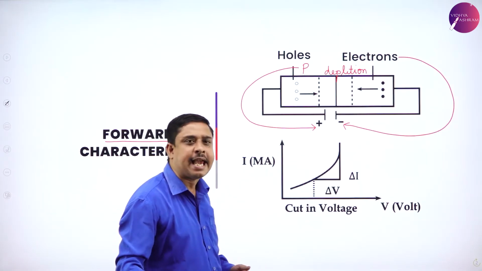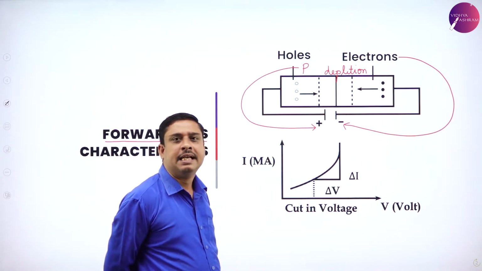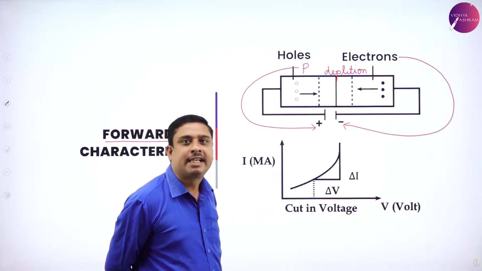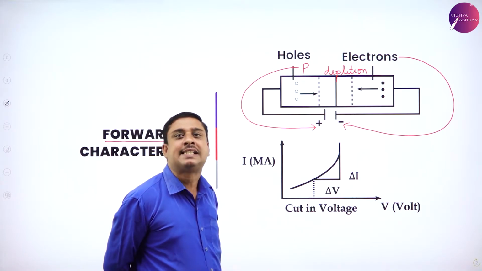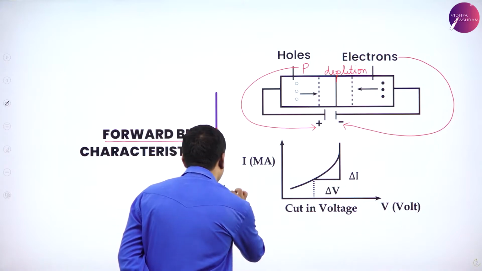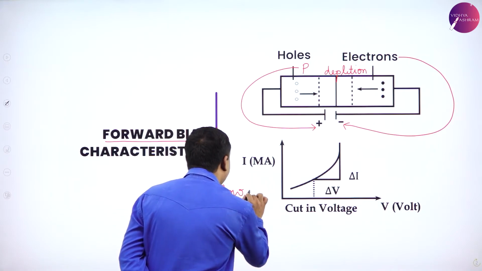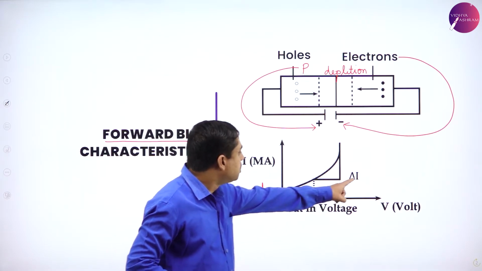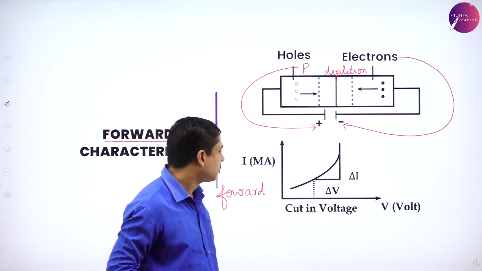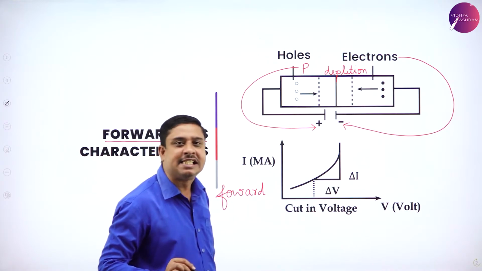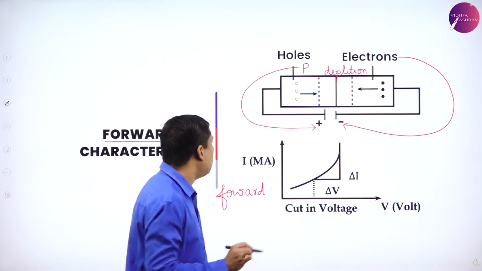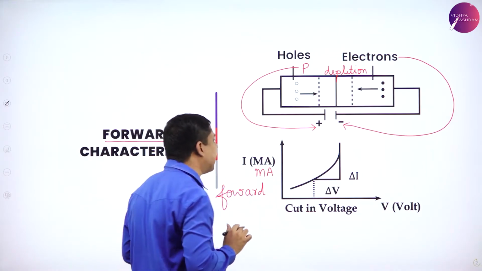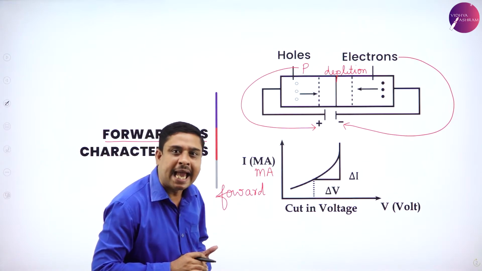So this is the graph that will depict the working of a semiconductor when it is forward biased. Along the x-axis, voltage is defined. On the y-axis, current is defined in milliamps.